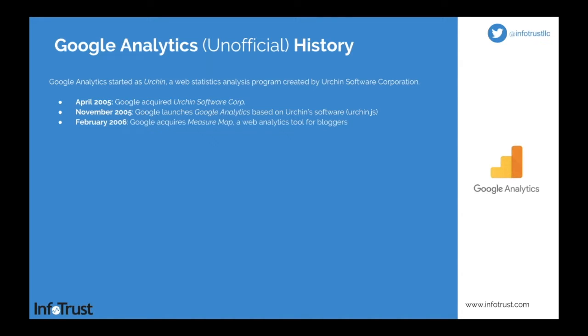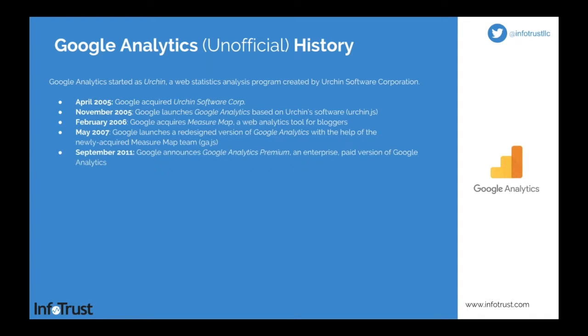In February 2006, Google acquired a company called MeasureMap, and they were pretty much a web analytics tool for bloggers. That MeasureMap team worked with the Google team to redesign the entire version of Google Analytics. Once they were acquired, they worked on that, and then they launched a brand new redesigned version in May of 2007.